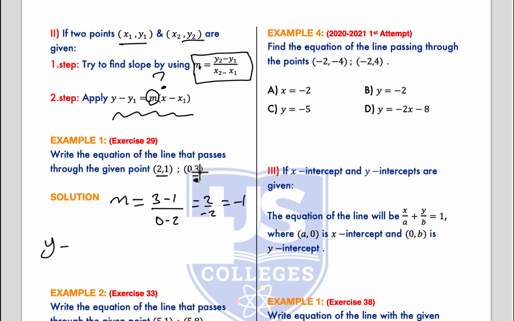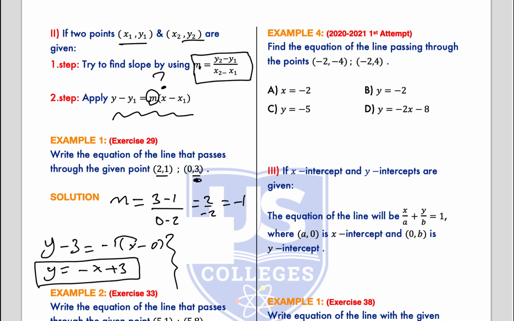Y minus y1, which is 3, equals m, that we found as negative 1, times x minus x1, 0. So y equals negative 1 times x, negative x, negative 1 times 0, 0. No need to write. And bring negative 3 over. Plus 3 is the equation of the line.